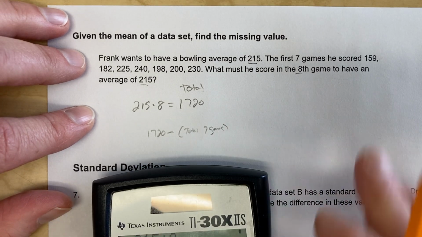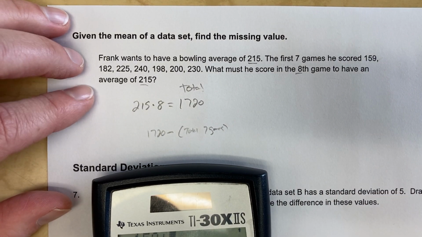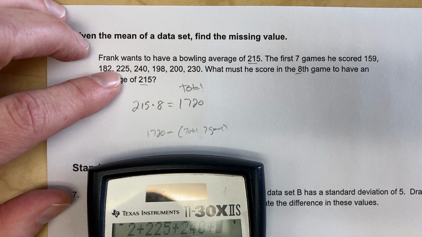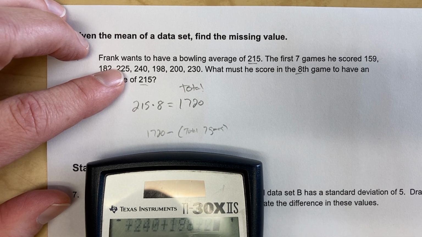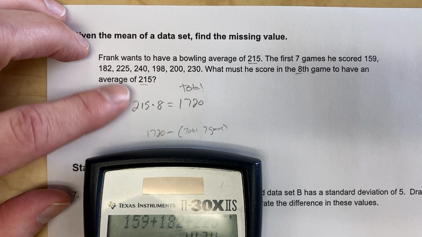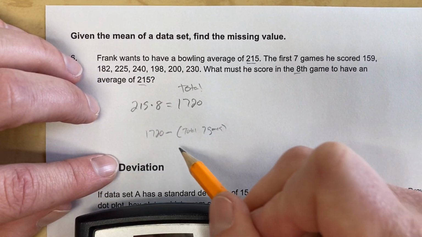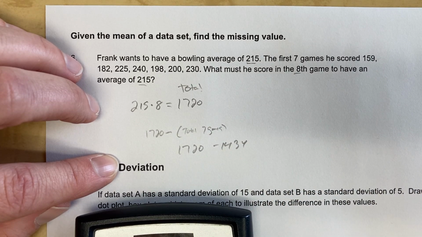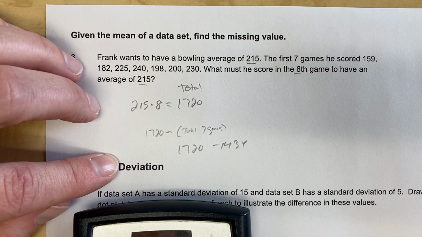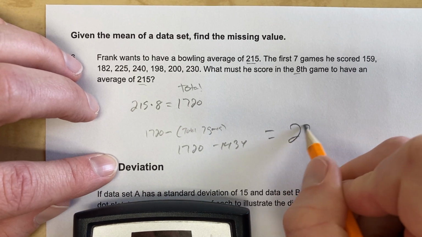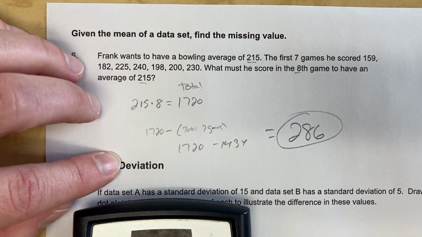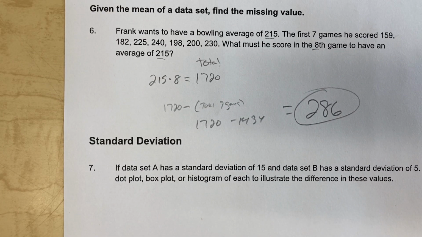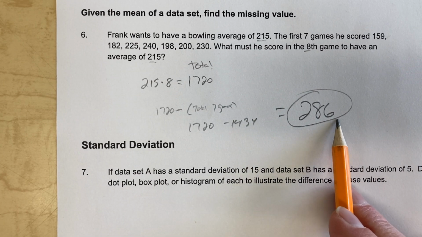So in other words, I'm gonna take the 159 plus 182 plus 225 plus 240 plus 198 plus 200 plus 230, and that's 1434. So we're gonna go 1720 minus 1434, and he needs to bowl a 286. That's hard to do, but not impossible. 300's the most you can get. But it's gonna take a big effort, all right?